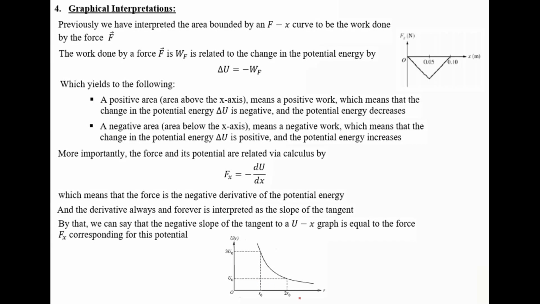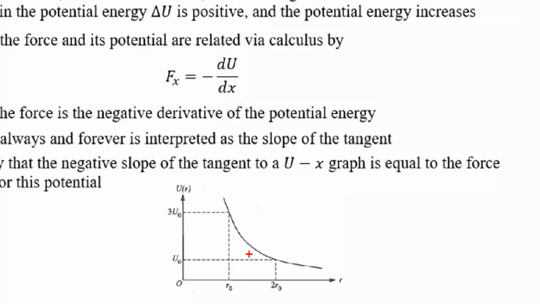Now let me clarify more. Here we have a graph. What does this graph represent? This is U as a function of r. Here, whether it's r or x, that's perfectly the same. It's position. Now we can say that the force along the r component is given by minus dU by dr. Now, what does this operator graphically represent?